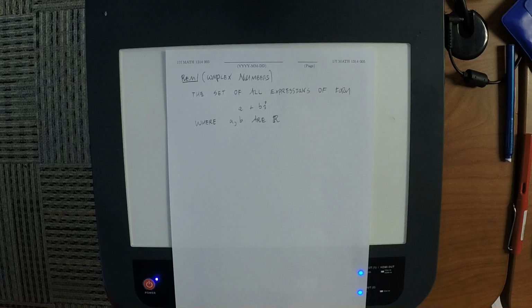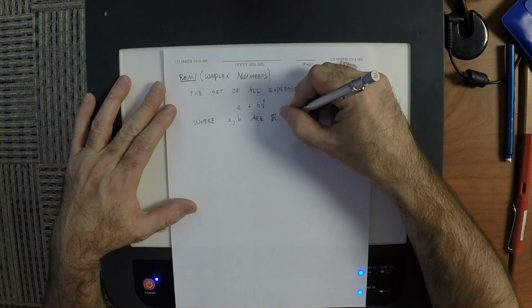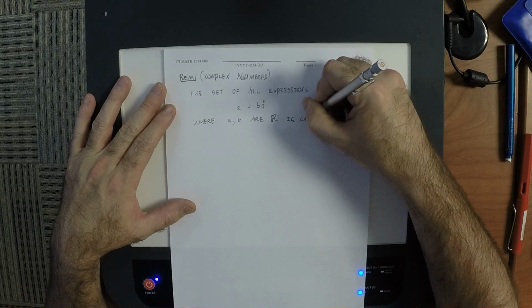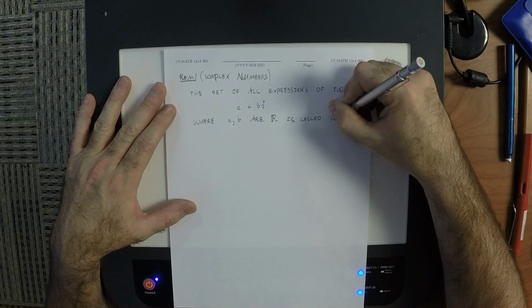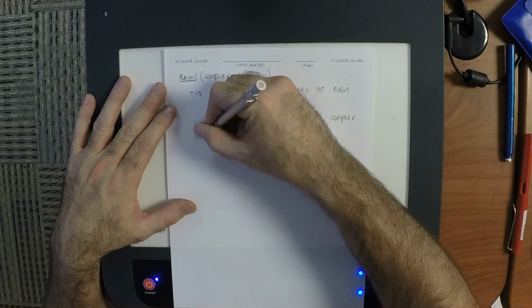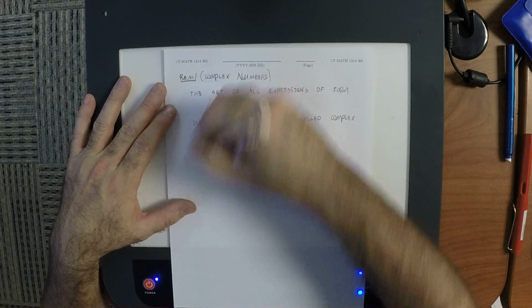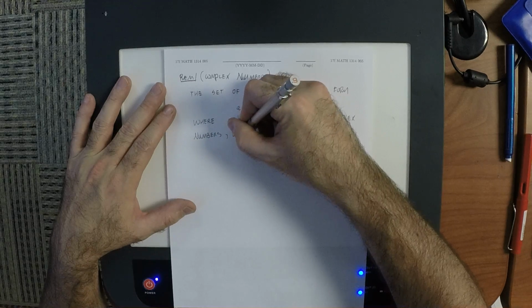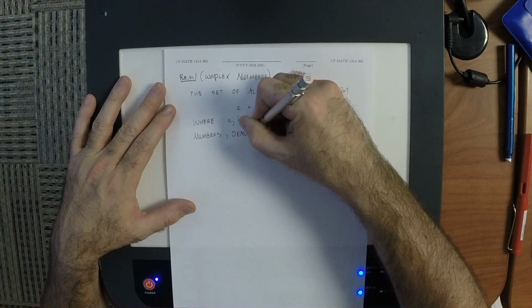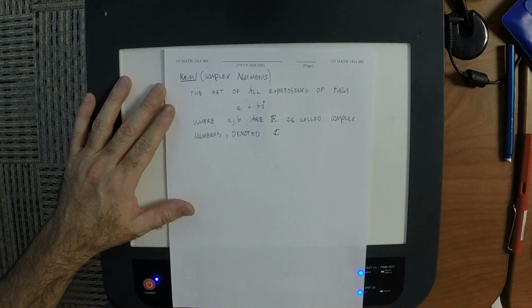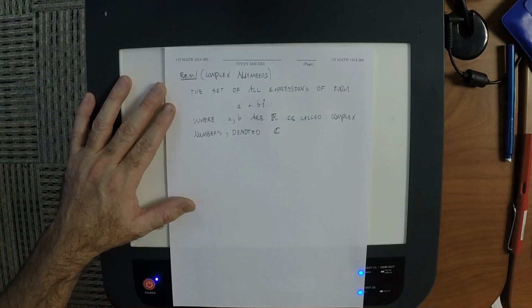So both a is a real number and b is a real number. The set of all such things is called the complex numbers. And just like the reals are denoted with fancy R, the complex numbers are denoted with fancy C, with a little extra bracket or whatever there.